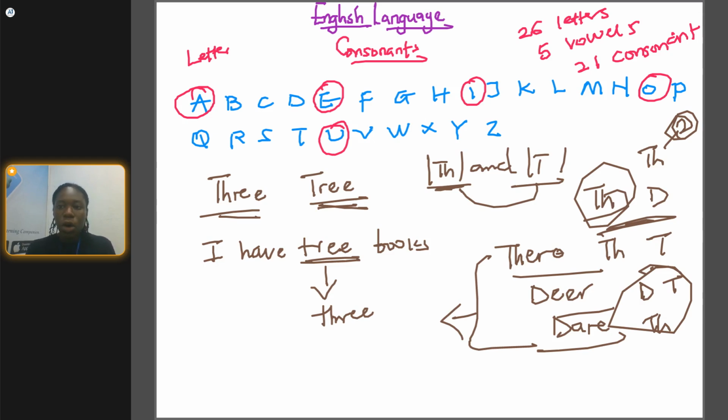All right, so let's talk about consonant sound. A consonant sound is a sound that we make when something blocks or stops the air as we speak. This can happen when we use our tongue, our lips, our teeth, our throat.